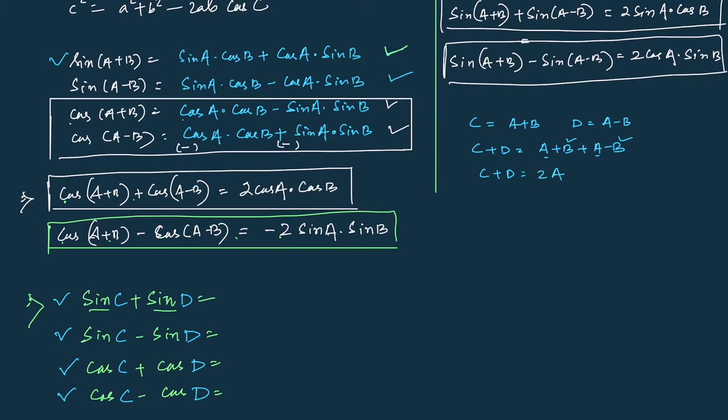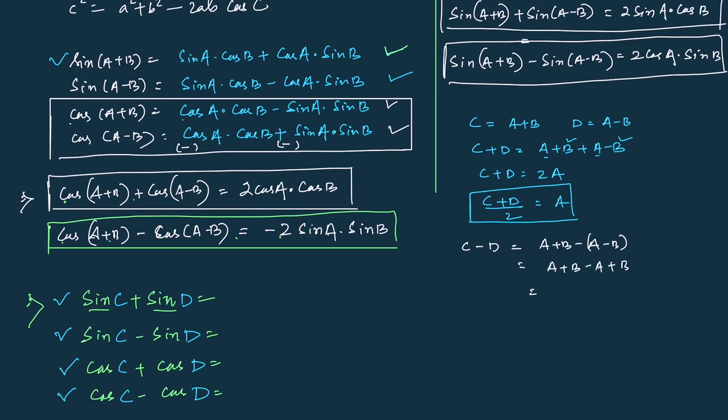So a is nothing but c plus d by 2. Now what is c minus d? c minus d is a plus b minus a minus b, so it is going to be a plus b minus a plus b.